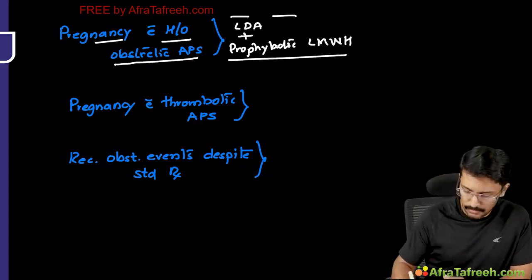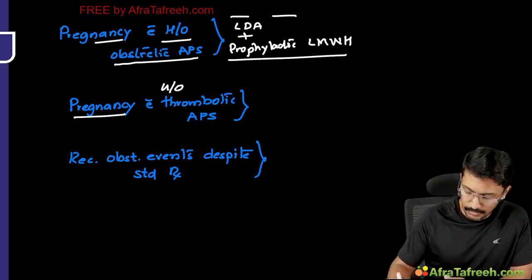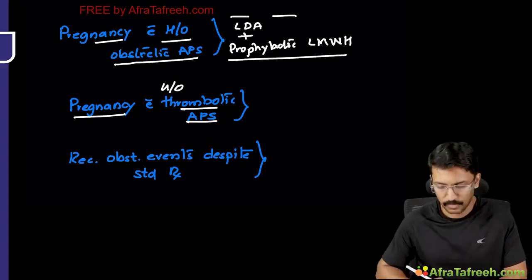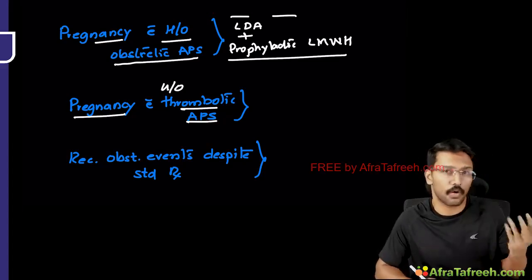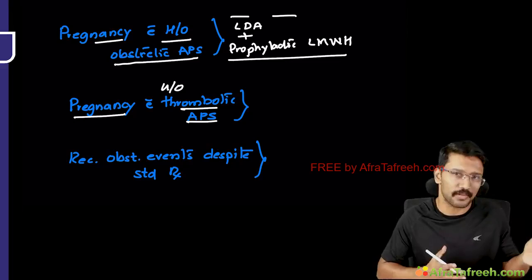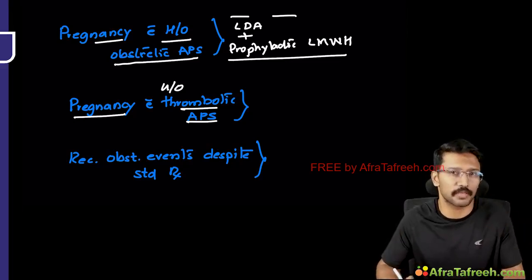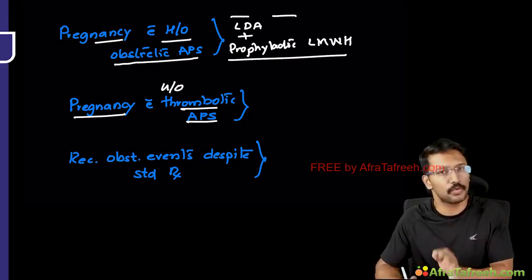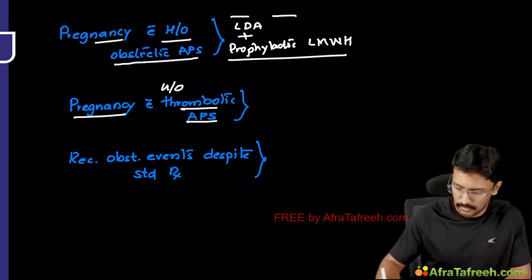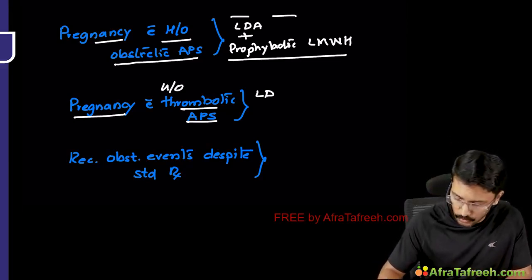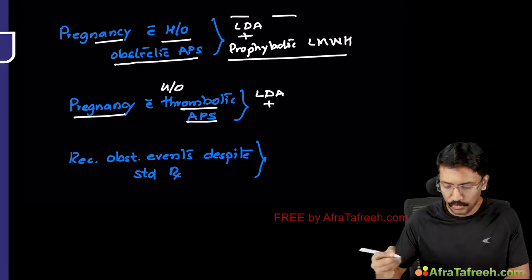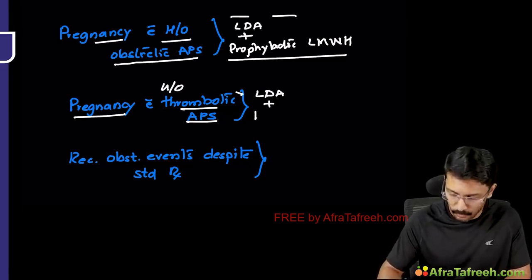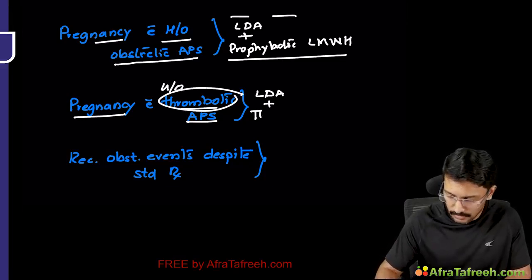Then the patients with pregnancy and history of thrombotic APS, they may be on the oral anticoagulants or vitamin K antagonist already by the time they are confirmed with pregnancy. We need to stop them and switch them to low molecular weight heparin and low dose aspirin. So these patients will receive low dose aspirin plus low molecular weight heparin, but because they had history of thrombotic events, they will be receiving the therapeutic doses of low molecular weight heparin.